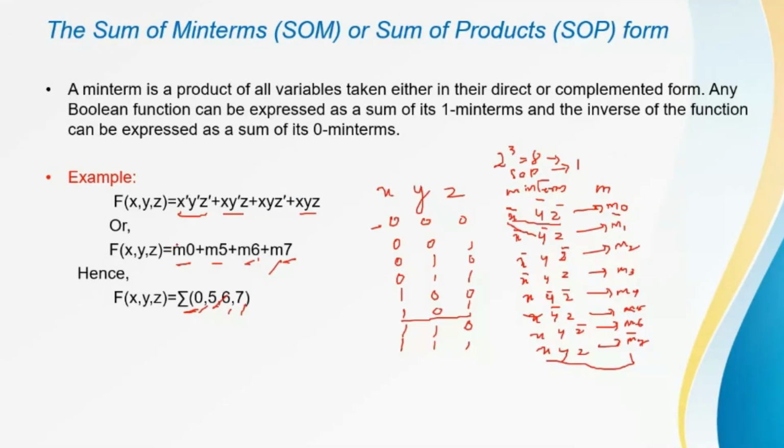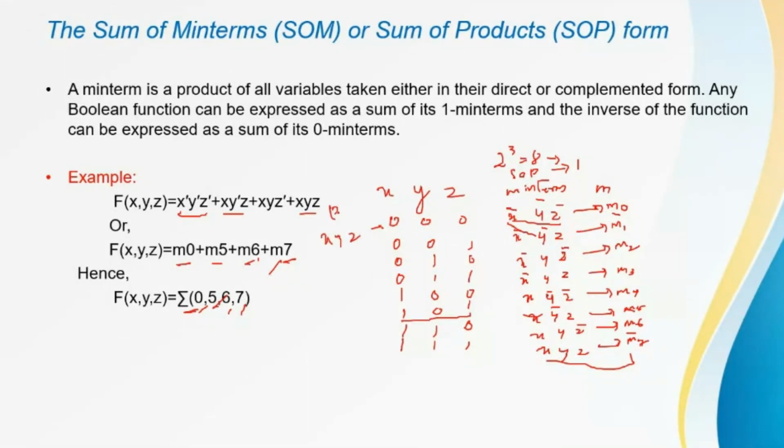Here in SOP we are denoting 0 as a bar, right? Because SOP will be checking for the ones, sum of ones, right? Here, if it is in a POS, if it is 0, it will be as x, y, z.